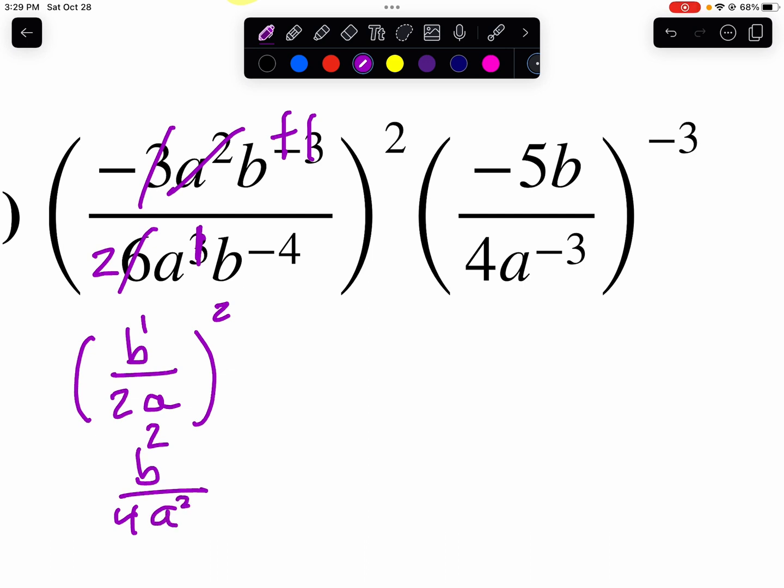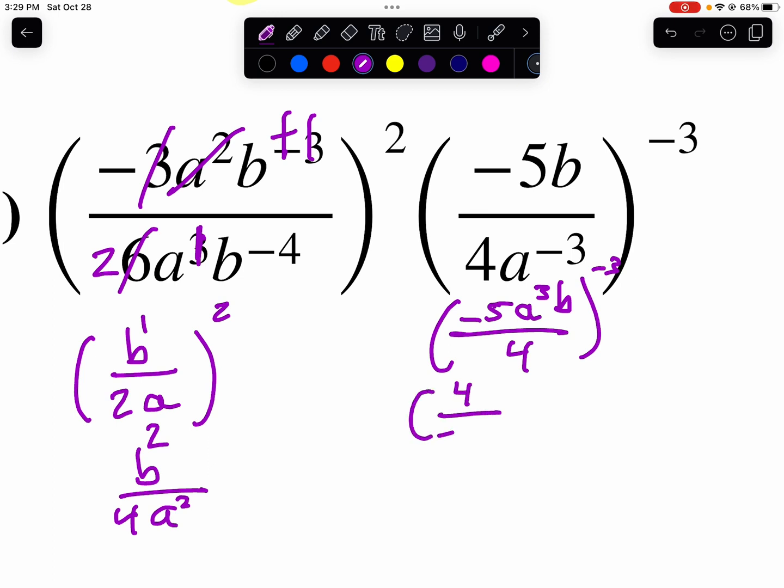Now my next parentheses, notice there's nothing to simplify. Well, maybe I can simplify and say negative 5a cubed b all over 4. And then, since it's a negative exponent, I'm going to flip that. So I'm going to say 4 over negative 5 a cubed b.